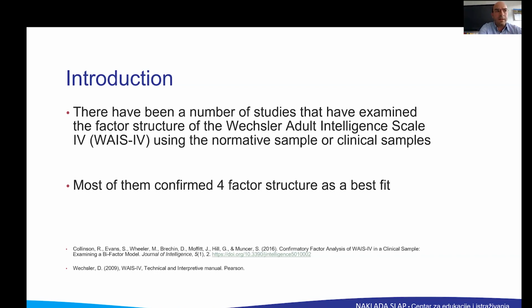Confirmatory factor analysis is preferred to exploratory when there is an explicit theory of the factor structure which is present. The proposed model is the model where the second-order full-scale IQ is measured by 4 first-order factors or cognitive domains, which we stated earlier.